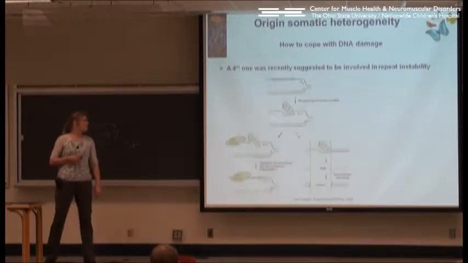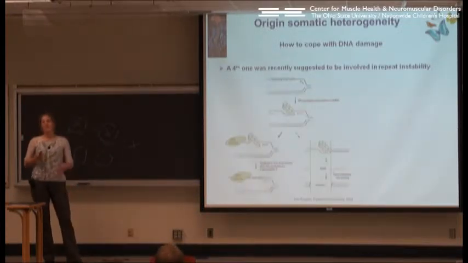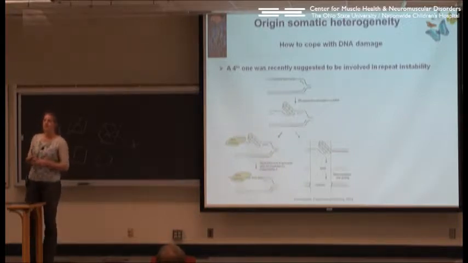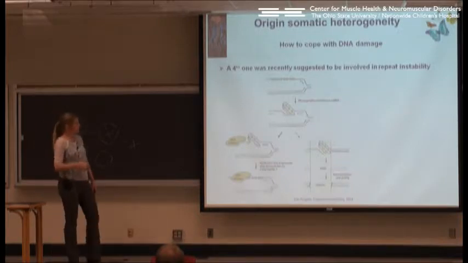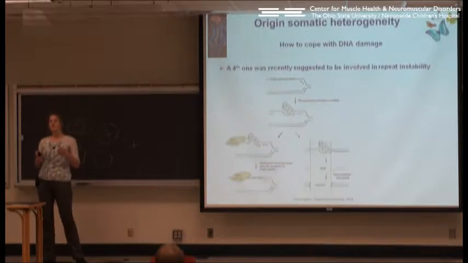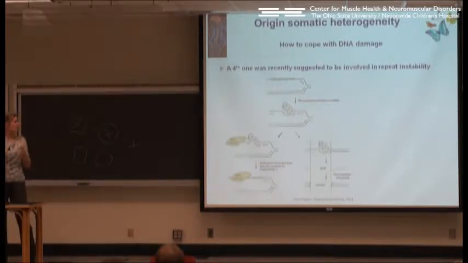And there's a fourth one that was just recently suggested that could be really important for C9orf72 expansion repeats, which are the G quadruplexes that can be formed by these G-rich expansions, and they are very stable and very hard for the polymerase to go through, and they induce single and double strand breaks.